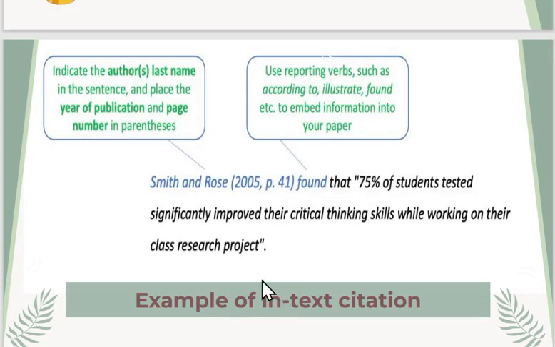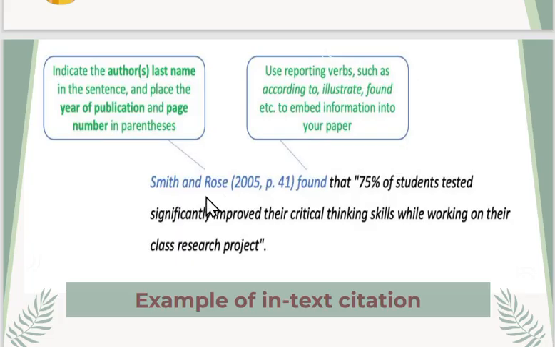Now this is an example of in-text citation. As I told you, when I say in-text citation, it means in the body of the research paper, not the references page, because on the references page we mention the authors or the source in detail. Now look at this example. You will see the names of the authors.